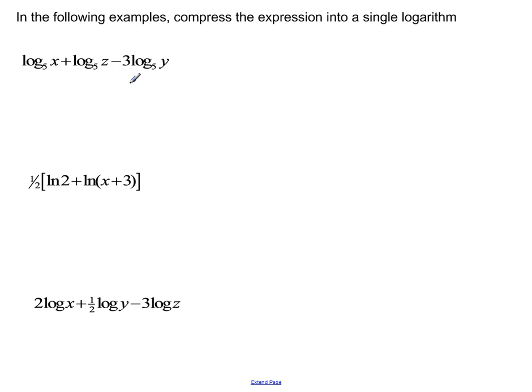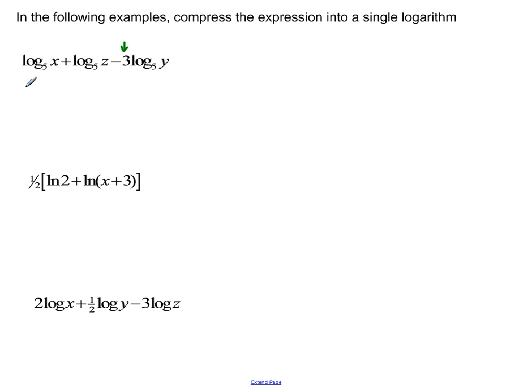If I use my rules here, I want to rewrite the logarithm base 5 of x plus the logarithm base 5 of z minus 3 times the logarithm base 5 of y as a single logarithm. Well, one thing I can undo right away is this exponent, this multiplier of 3.